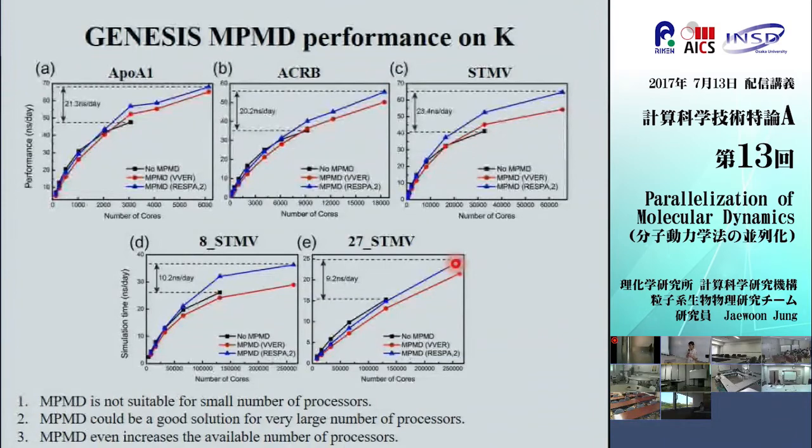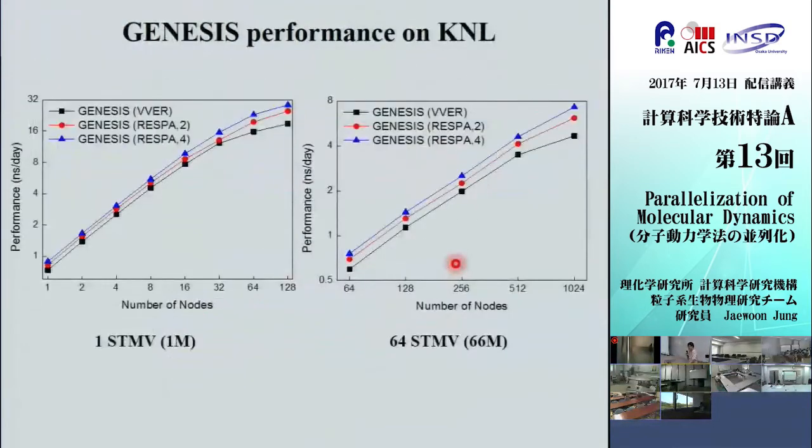I also tested GENESIS on a KNL machine in Oakforest. I tested a 1 million atom system and a 66 million atom system on KNL machines.